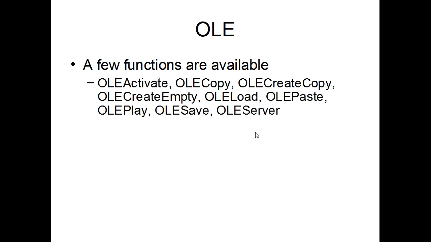If you look in the WinDev help, you will see that under the chapter of OLE you have different sets of information, and that can be a little confusing. First you have to know that there are a few functions available to manage OLE: OLE activate, OLE copy, OLE create empty, load, paste, play, save, server. And most of the time you will never ever use them. Why?